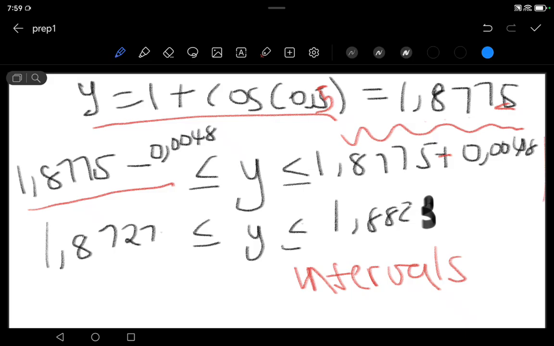So fast. Yeah, it's easy, right? I think it's way too easy. Okay, let me do the intervals.